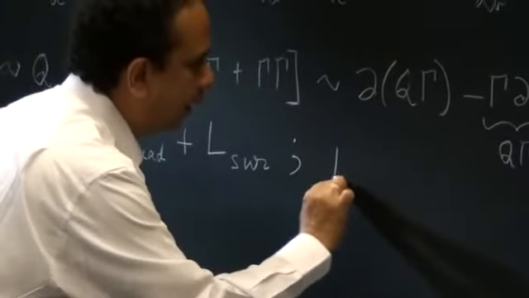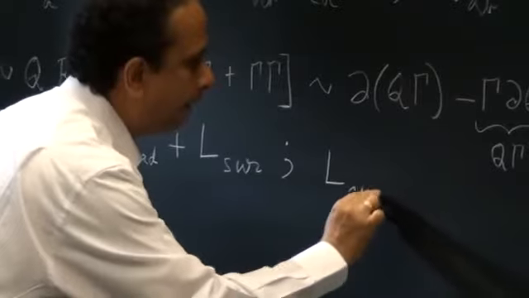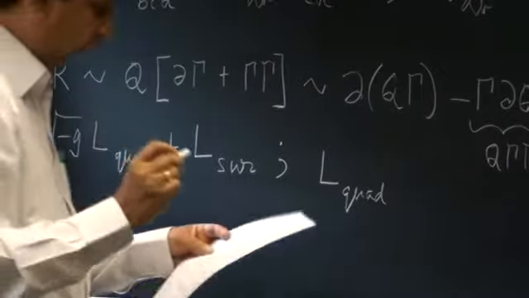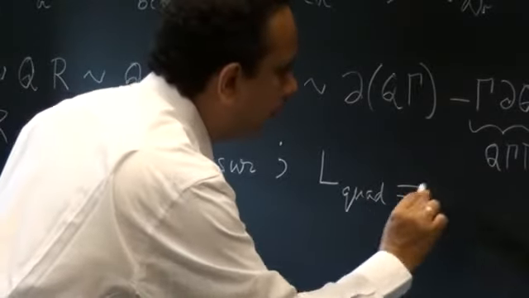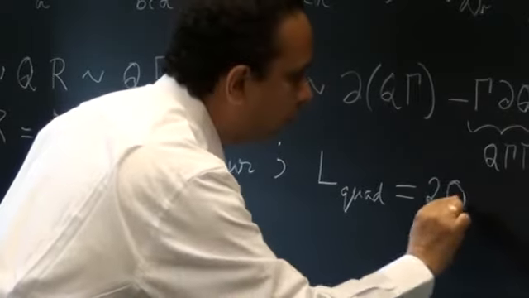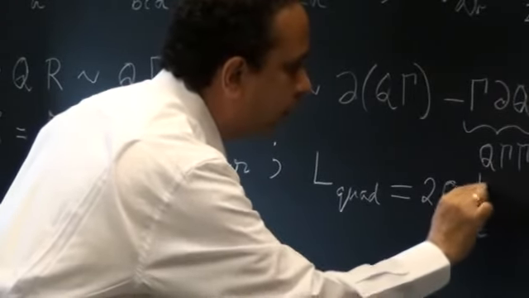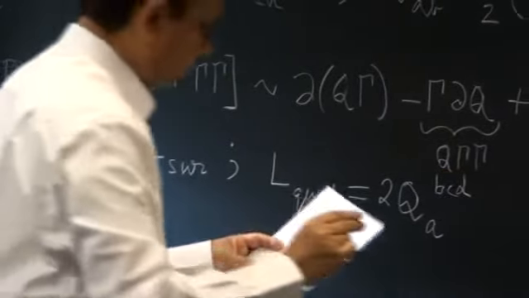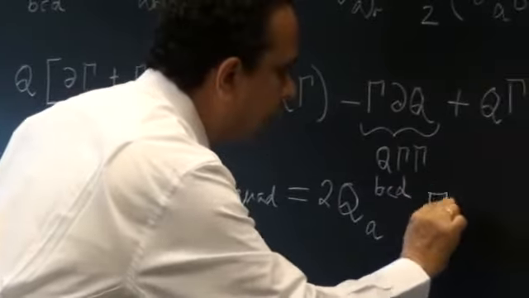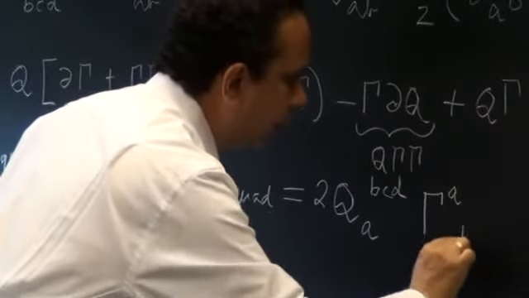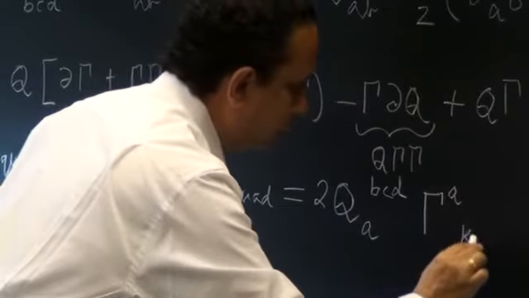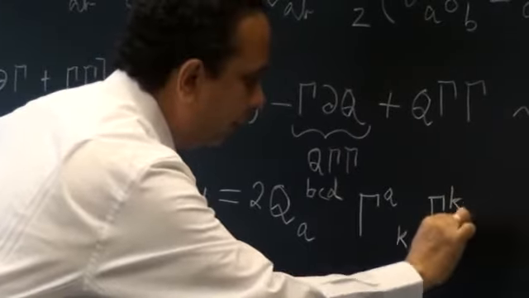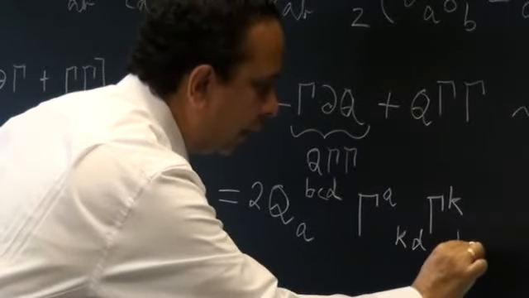The L quad times root minus g, or L quad itself, is 2 times q a b c d, gamma a k, let us say d, gamma k b and c.